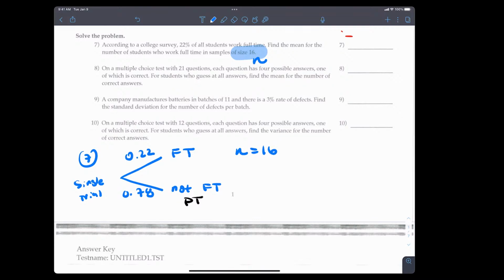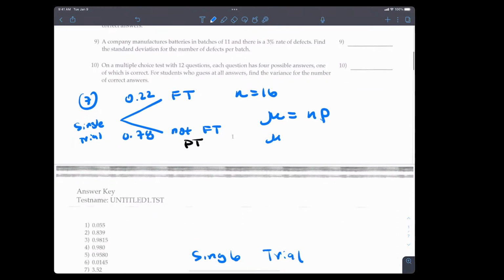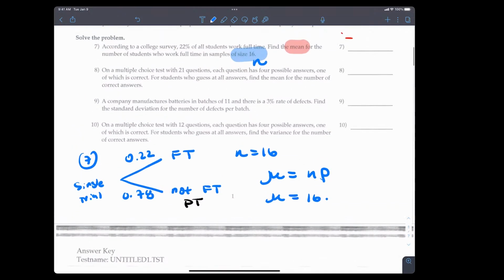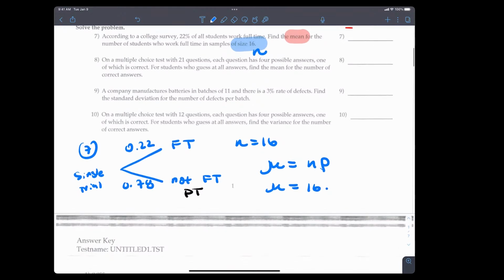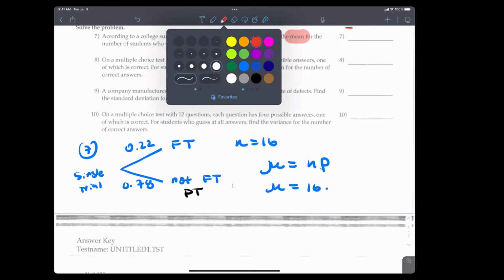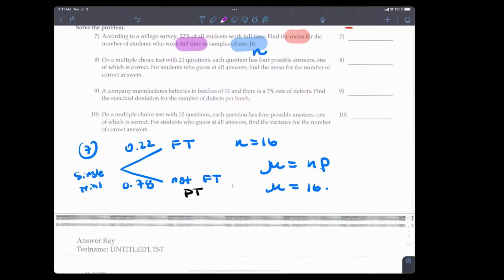So what do they want? They want to know what's the mean. Now, this is a binomial. Mu is NP for a binomial. So mu is 16 times, what is P? Find the mean for the number of students who work full time.